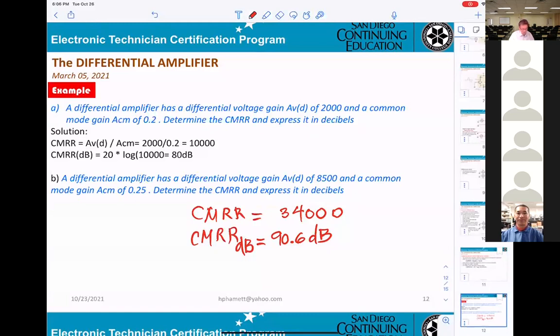Okay, now for the common mode rejection ratio, do you want that to be a bigger number or smaller, and why? Why do you want the common mode rejection to be a big number as much as we can?